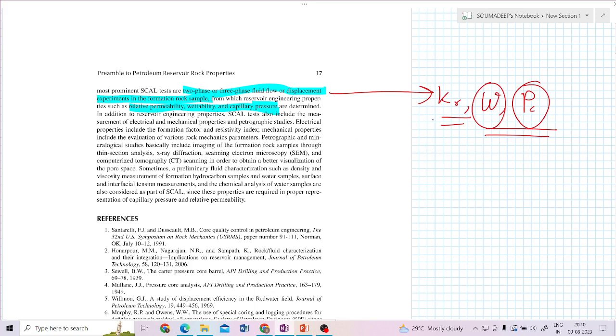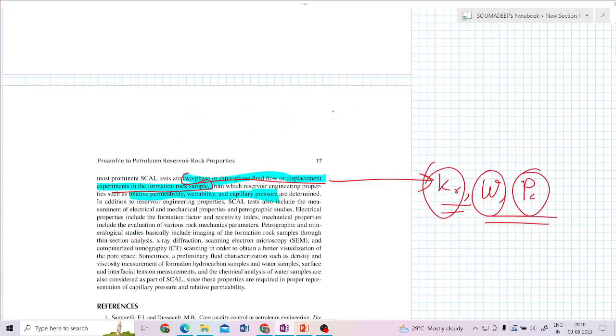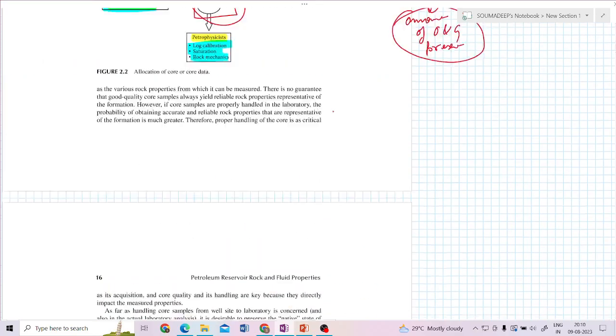These things are determined from special core analysis, and the experiments include two-phase and three-phase fluid flow and displacement experiments in the formation rock sample, and that's how you get the relative permeability.